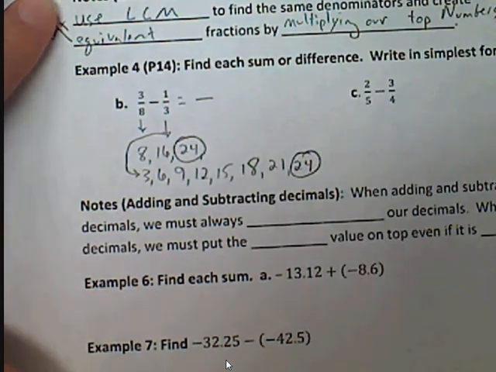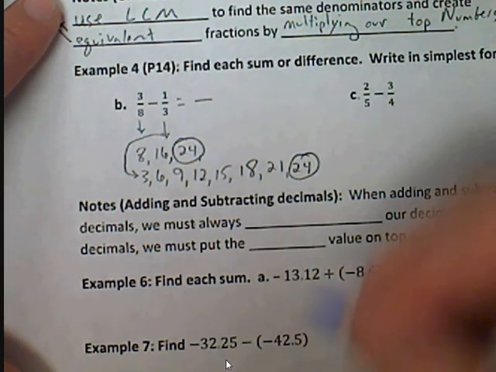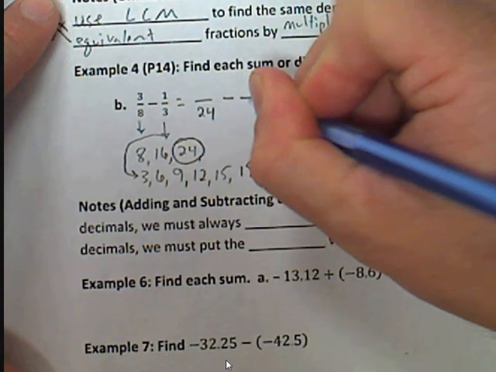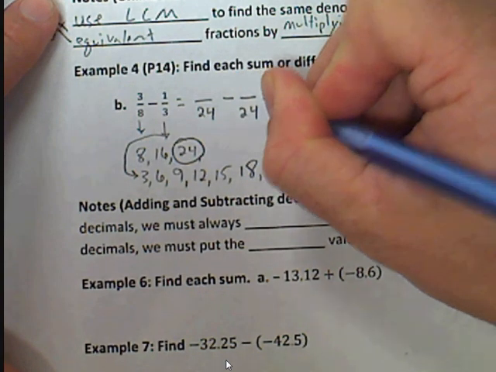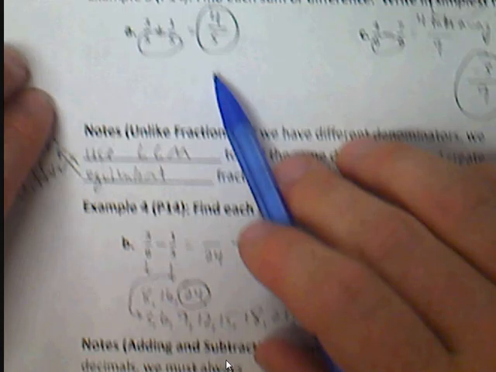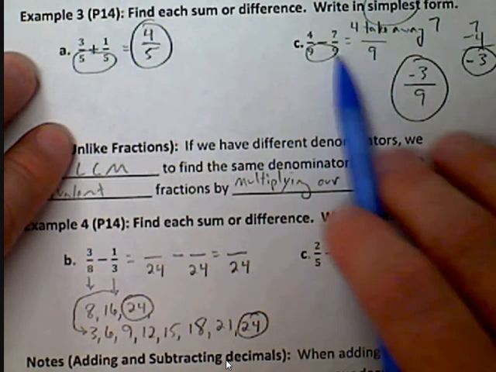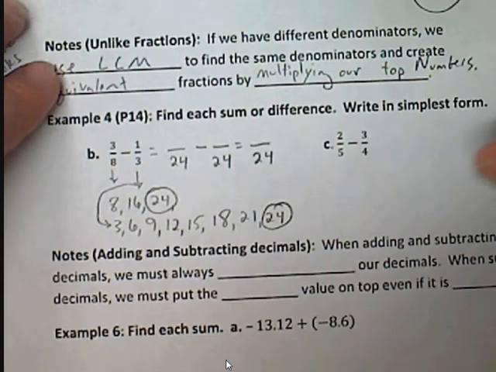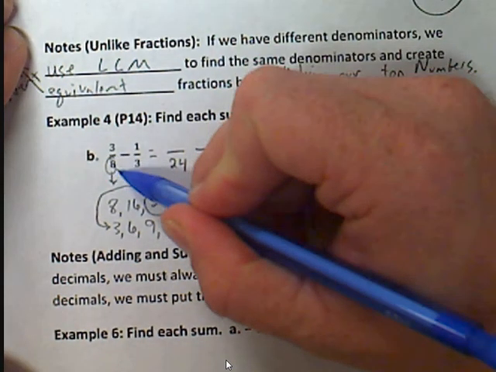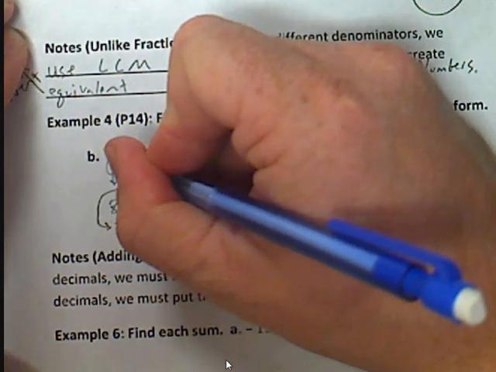What I like to do is rewrite my fractions with the same denominator. Something over 24 minus something over 24 equals something over 24. Your denominator, just like I taught up here, 555, 999, will always be the same. Now, how did I get from 8 to 24? I multiplied by 3.